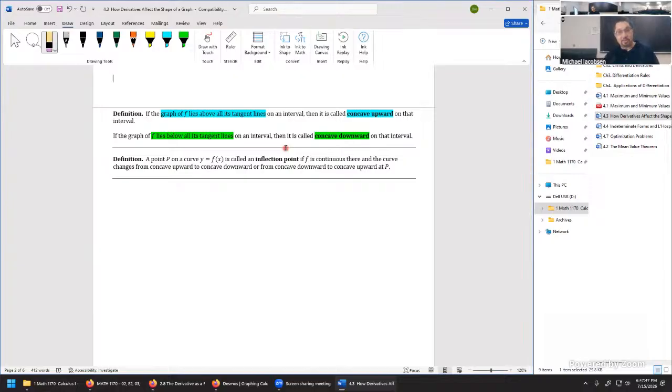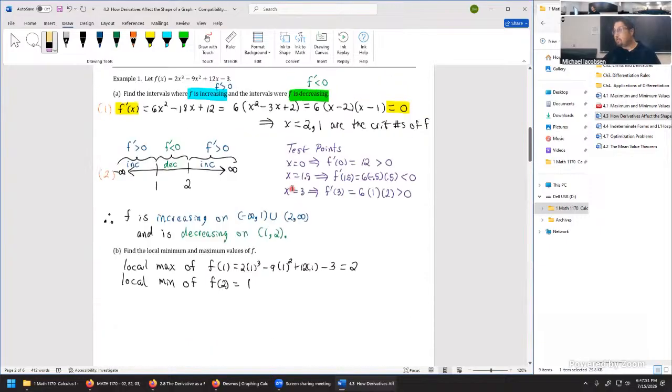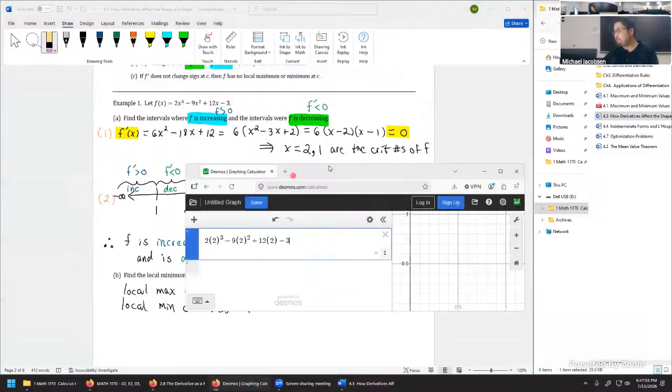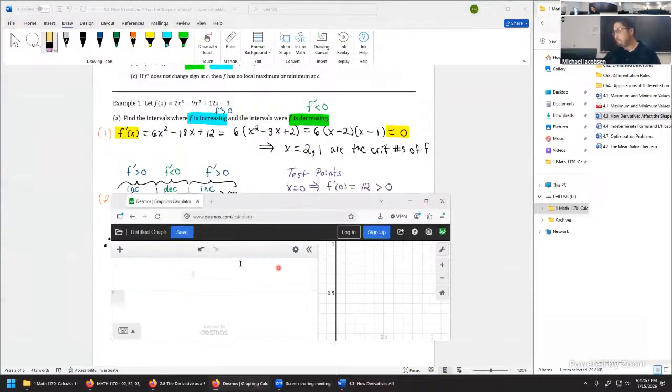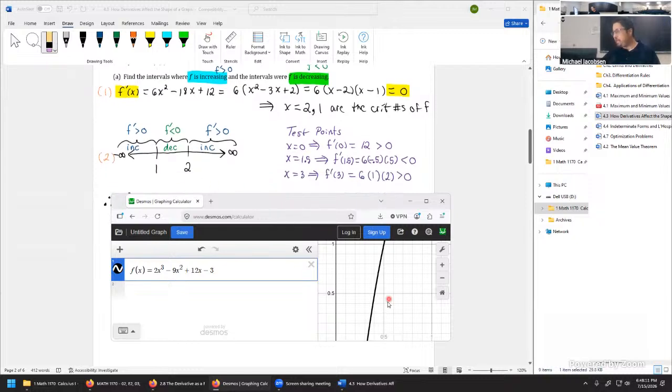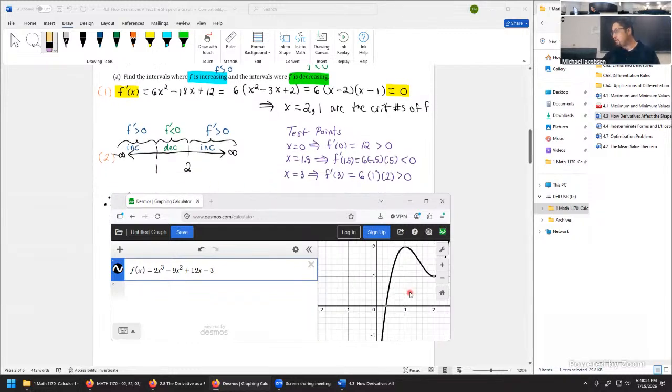That's something that definitely deserves a visual. So to get a visual on this one, let's just reuse the function we already had. Let's plot this one. Let's call it f of x equals 2x cubed minus 9x squared plus 12x minus 3. And we had two critical numbers at 1 and 2, so we should definitely be around that range.